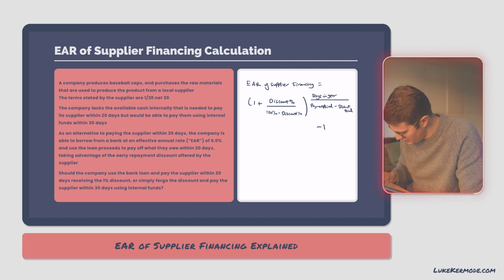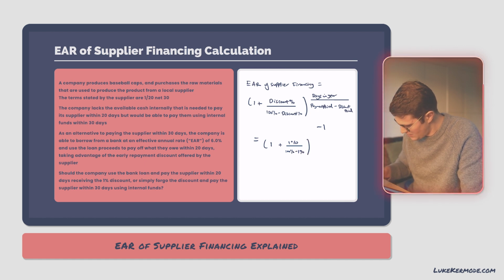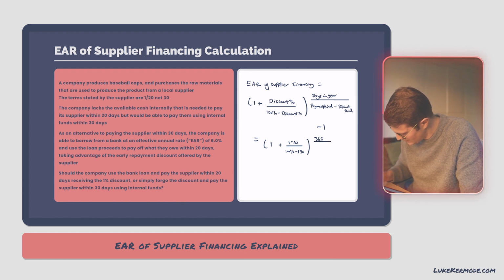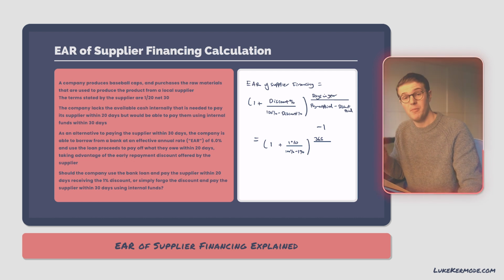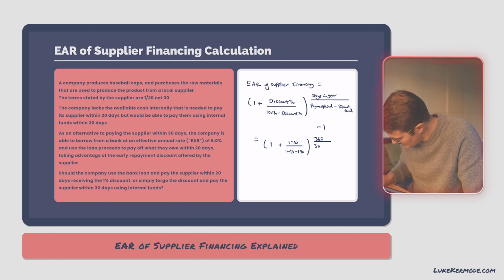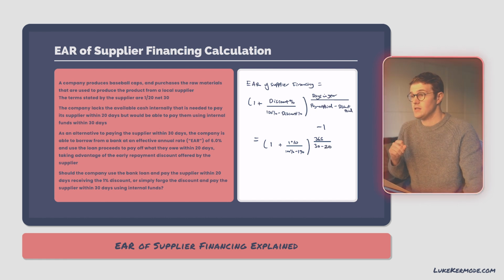So, using the numbers we've been provided in the question, we can calculate this as 1 plus 1% over 100% minus 1%, to the power of 365, because there's 365 days in a calendar year, divided by the number of days in the payment period as a whole, so that's 30 days, and then the number of days in the discount period, we were told, is 20.